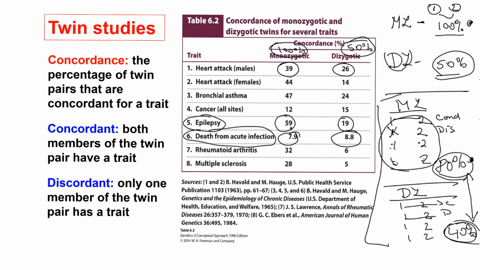If concordance in monozygotic twins is 100%, it means that all twin pairs show the trait. Afterwards, you calculate concordance within monozygotic twins and within dizygotic twins. Once you have concordance in each group, you compare concordance of monozygotic to concordance of dizygotic.